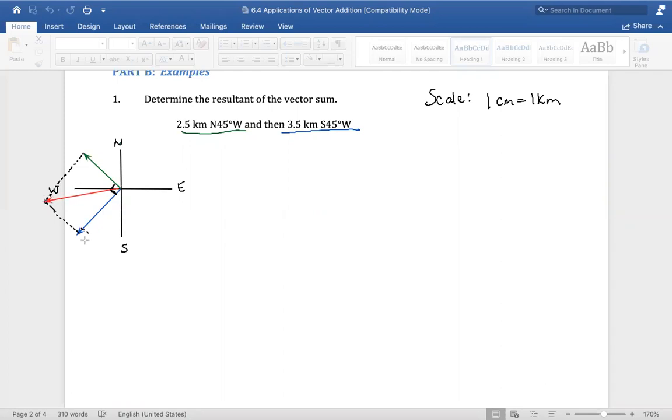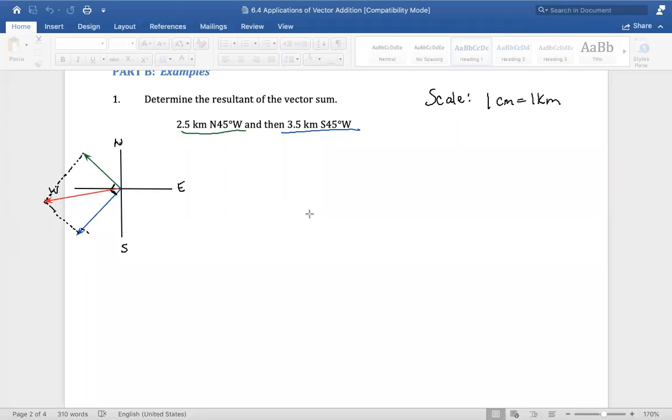And again, if I'm off, which we'll see at the end of the question, it's because this isn't 2.5 centimeters and this isn't 3.5 centimeters, and I'm not perfectly at 45 degrees like I would be if I used a compass. So you're trying to match your drawing to what your numbers are saying, to figure out if your answer is correct.